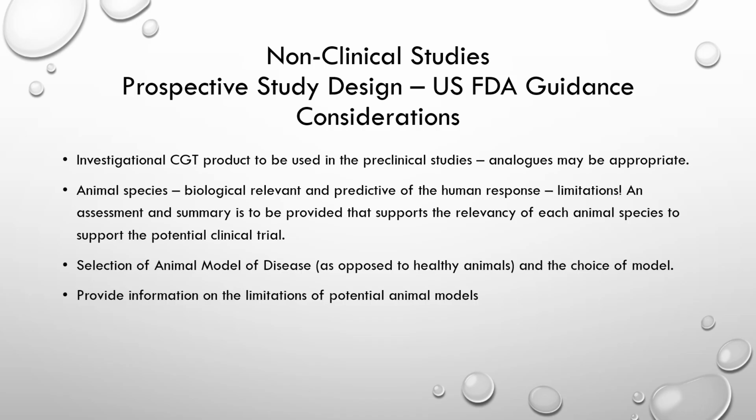You may not know that in advance, so you need to do some pilot studies of some sort to determine what is the best animal species and the best disease model, then design your prospective protocol around that, and then take that to the regulators for review.